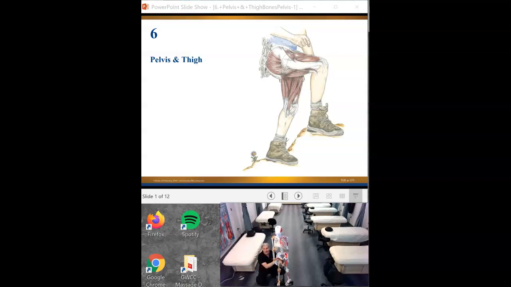So, back to the pelvis. Based on Mr. Richards' original question, this is the ilium. Now, if we have an anterior superior iliac spine, you can darn well bet we're going to have an anterior inferior iliac spine.